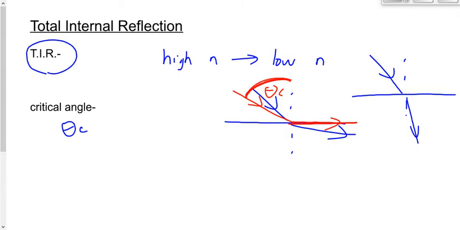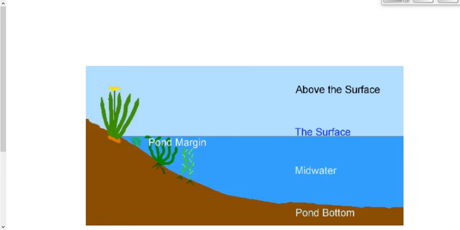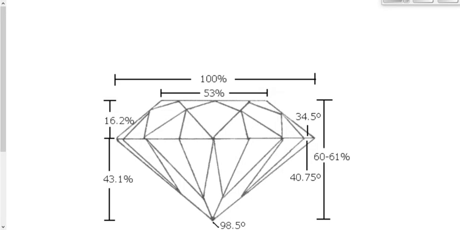If we go above that, reflection occurs, and it would look something like this. If we go below that, then refraction will occur as normal. So critical angle is the angle at which total internal reflection begins to occur. Now, yesterday we did the example of the fish in the water. Today I want to look at a diamond here.